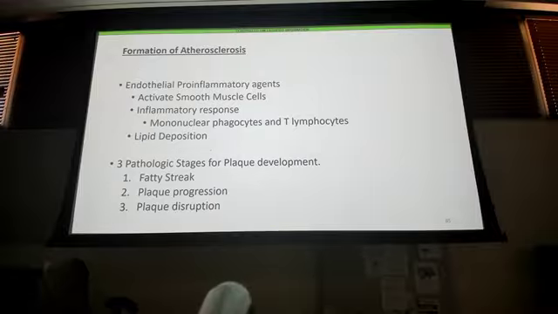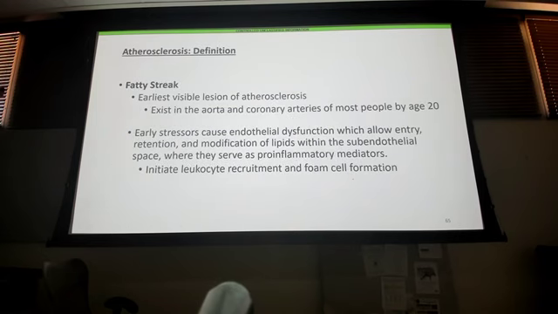And we talked about how when an atherosclerotic plaque starts to form, the initial starting is this fatty streak, and then the plaque becomes more organized, more structured, and then at the end, you can get a plaque disruption, which then can cause a blood clot to form and cause potentially an acute occlusion of that vessel.